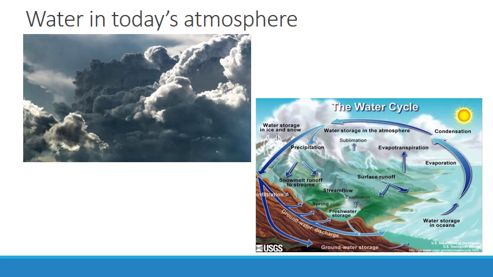Water in the atmosphere. You're probably familiar with the term humidity on TV weather reports. Humidity is a reference to the amount of water vapor in the air, and we're going to go into that in much greater depth in a future chapter. There are several ways to express the humidity in the air.